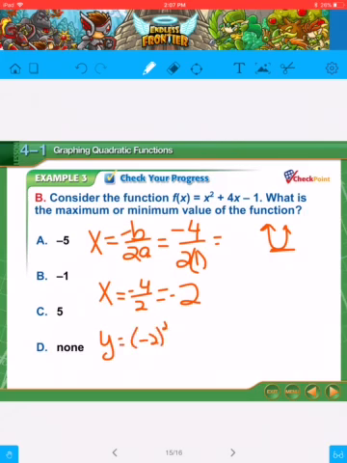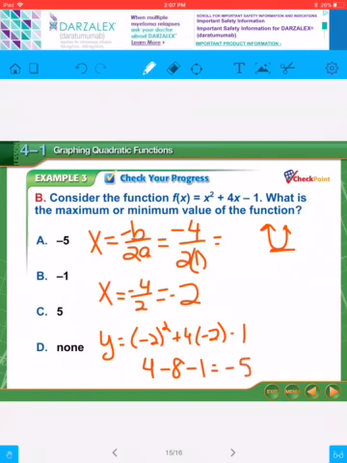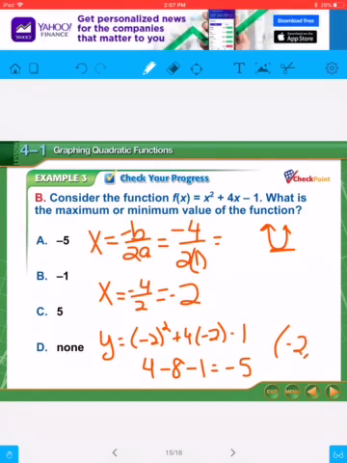So negative 2 squared plus 4 times negative 2 minus 1. Negative 2 squared is 4, plus 4 times negative 2 is minus 8 minus 1. So 4 minus 8 is negative 4, minus 1 is negative 5. So our vertex is at (-2, -5), which means our minimum y value is at negative 5.